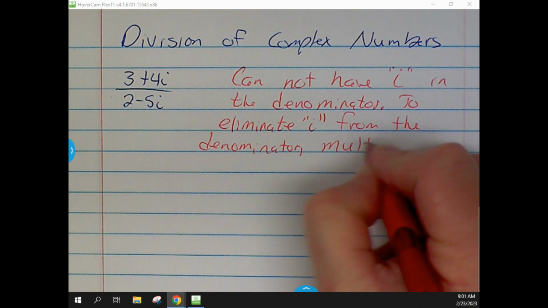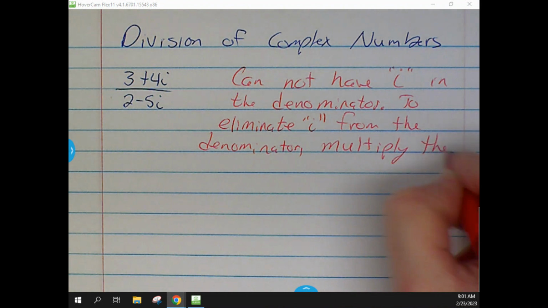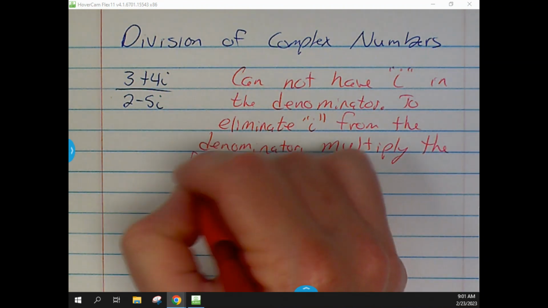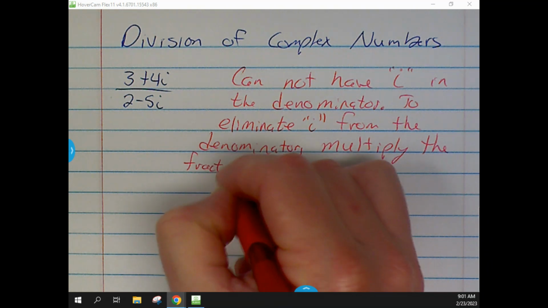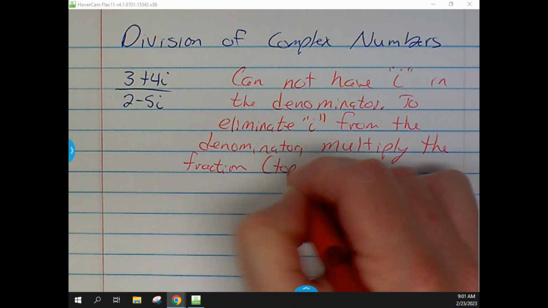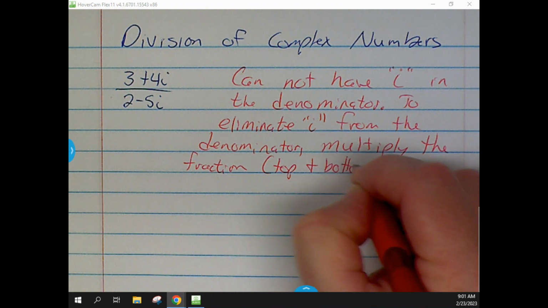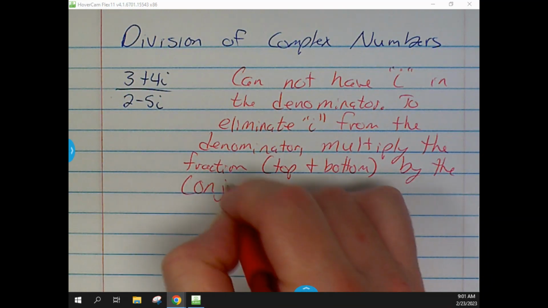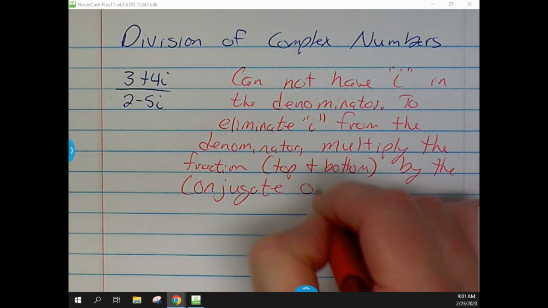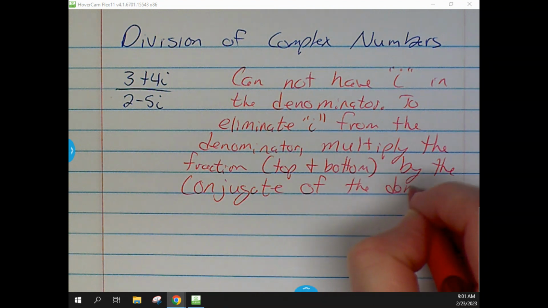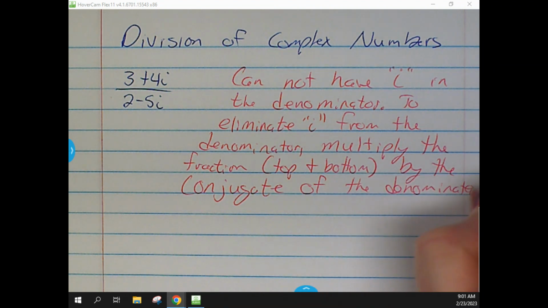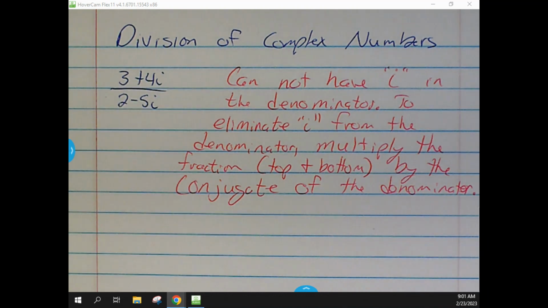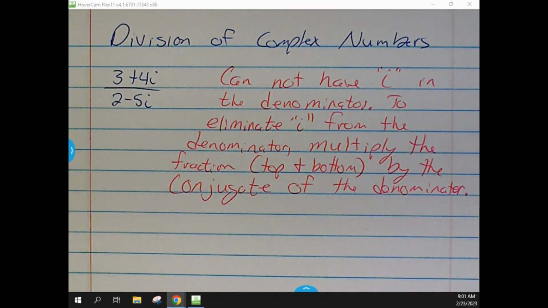We're just going to multiply the fraction, numerator and denominator, so top and bottom, just because it's faster that way, by the conjugate of the denominator. And the big thing on that one is that we get a denominator that's just a number.